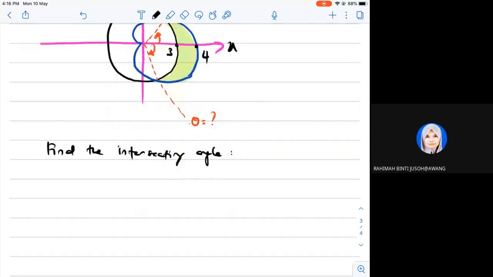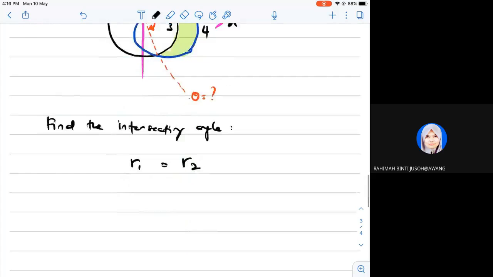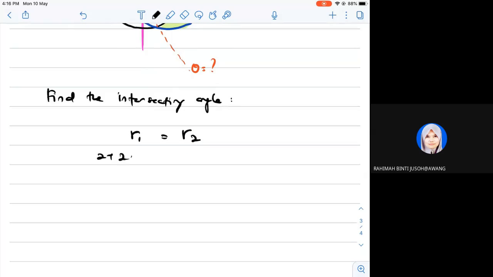You have to let R, okay, R1 must be equated to R2. So R1 is the cardioid. So 2 plus 2 cos theta equate with the circle equals to 3. Okay, so 2 cos theta equals to 3 minus 2 is 1. So cos theta equals to 1 over 2.